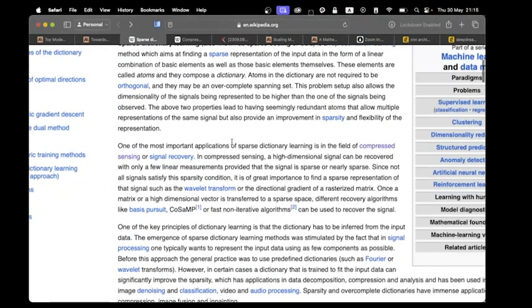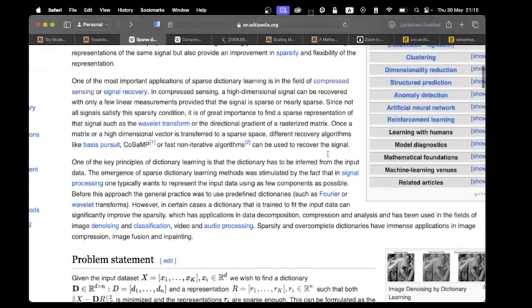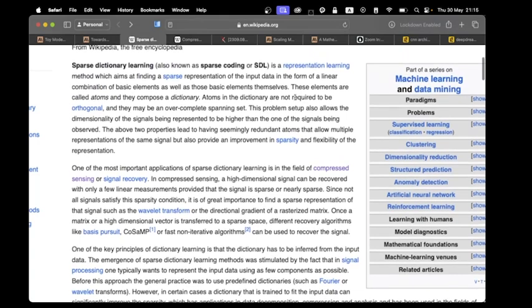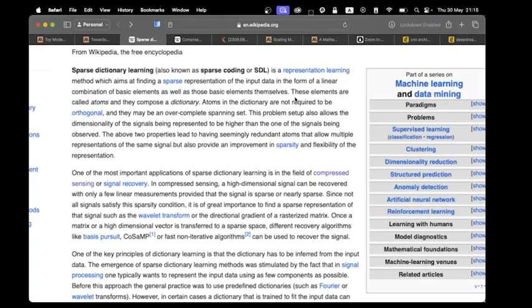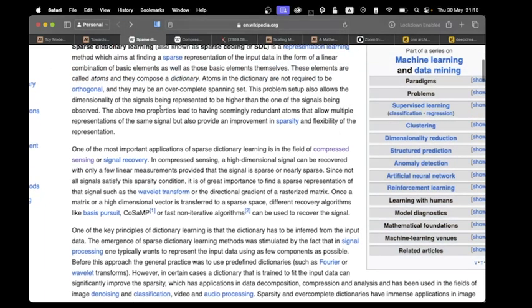So what we're going to do is we want to encode our input, in this case the output of our linear layer, as a sparse linear combination of something, not necessarily orthogonal something.